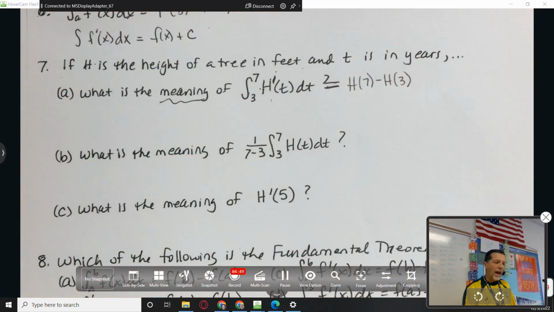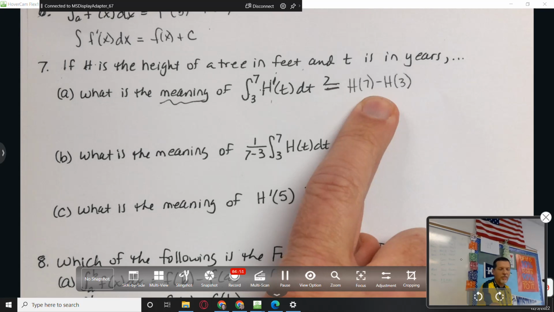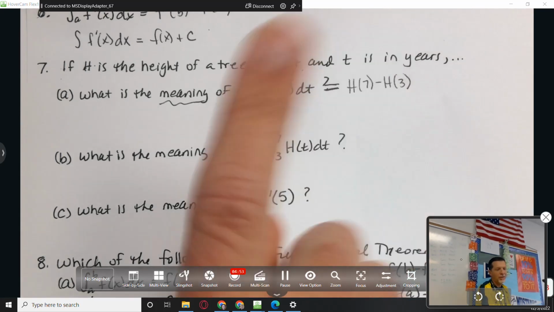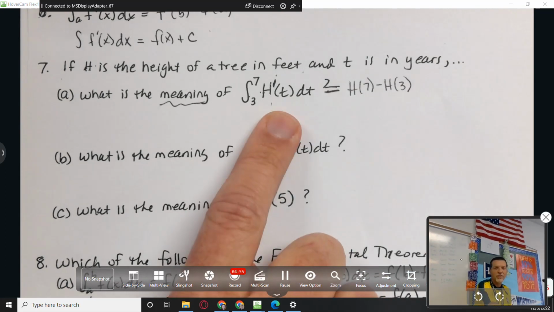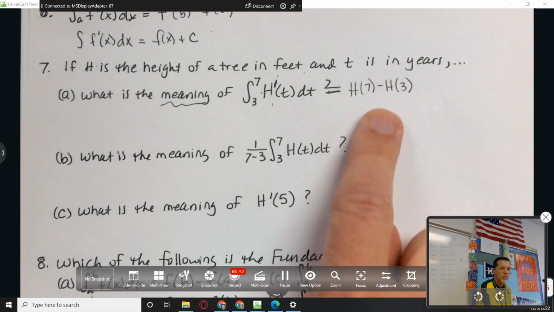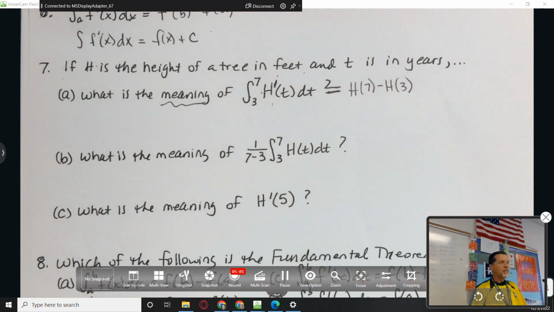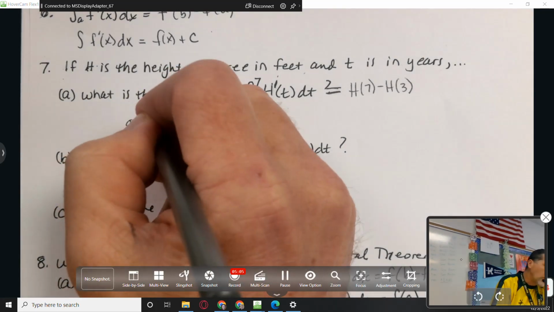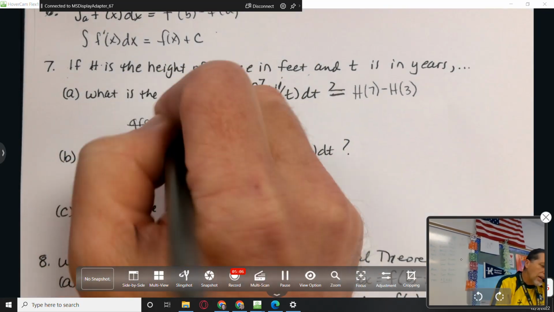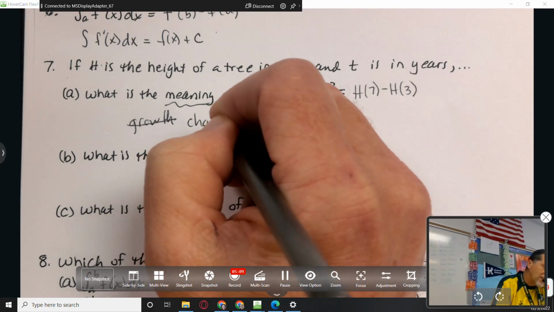So to me, I can interpret h of 7 minus h of 3 a whole lot easier than I can interpret the antiderivative of the derivative. So what does h of 7 minus h of 3 mean? Careful, don't say growth, just say change. In fact, let's just say change in height.